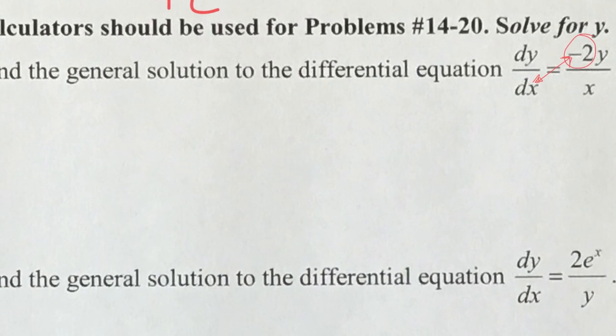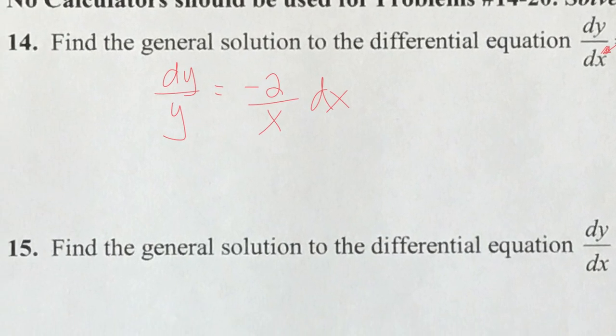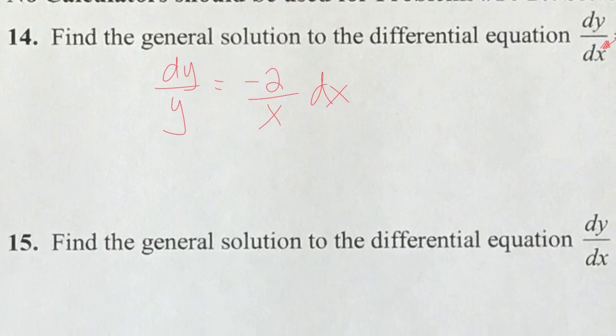So when I separate this, I will have dy over y equals negative 2 over x dx. Remember, your x is in your denominator here, so it's going to stay in the denominator, and your 2 is in the numerator, so it stays in the numerator. Okay, so we have separated.